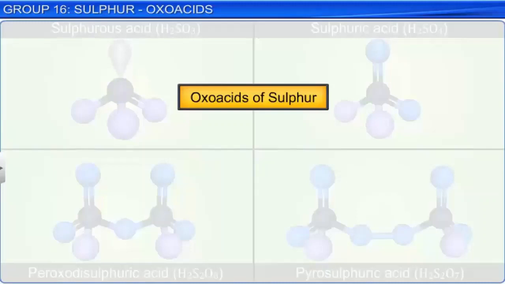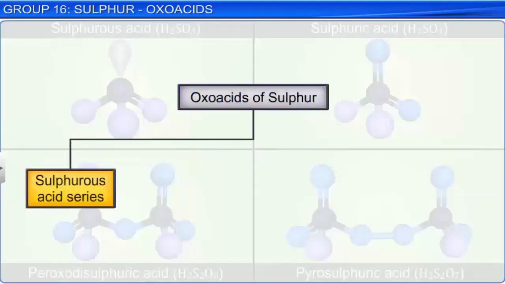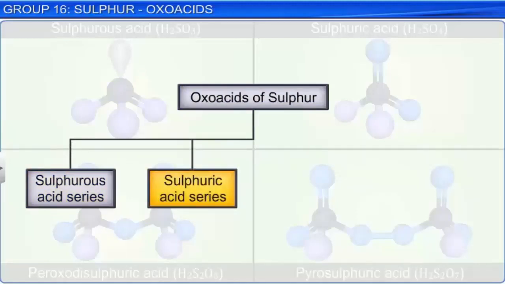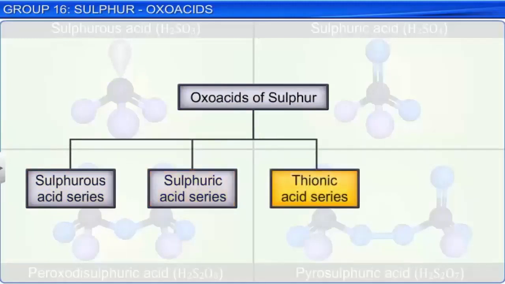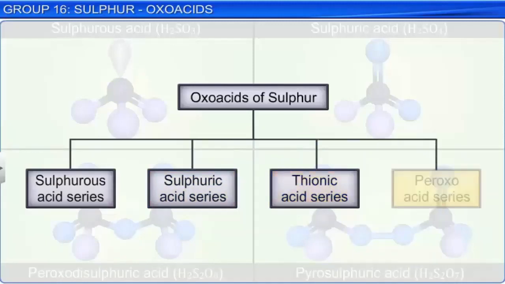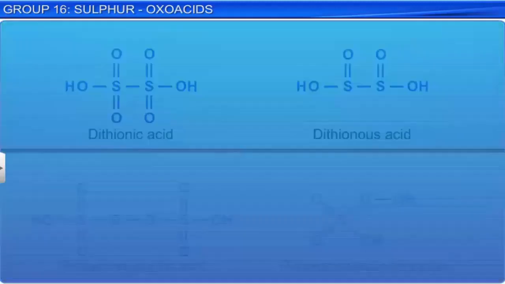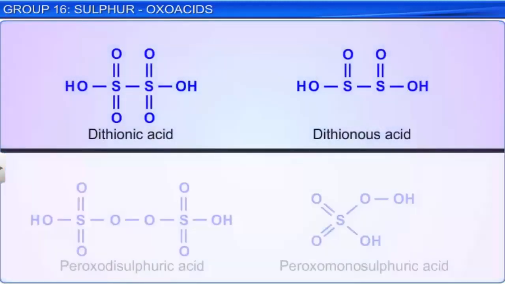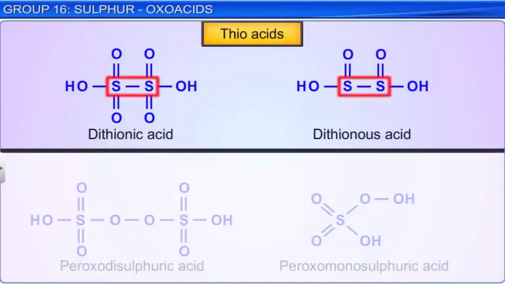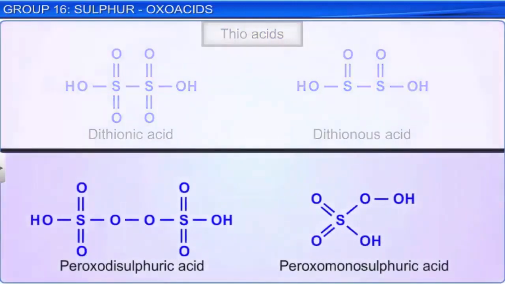They are sulfurous acid series, sulfuric acid series, thionic acid series, peroxo acid series. Oxo acids with SS linkages are called thioacids, while those with peroxo linkages are called peroxo acids.